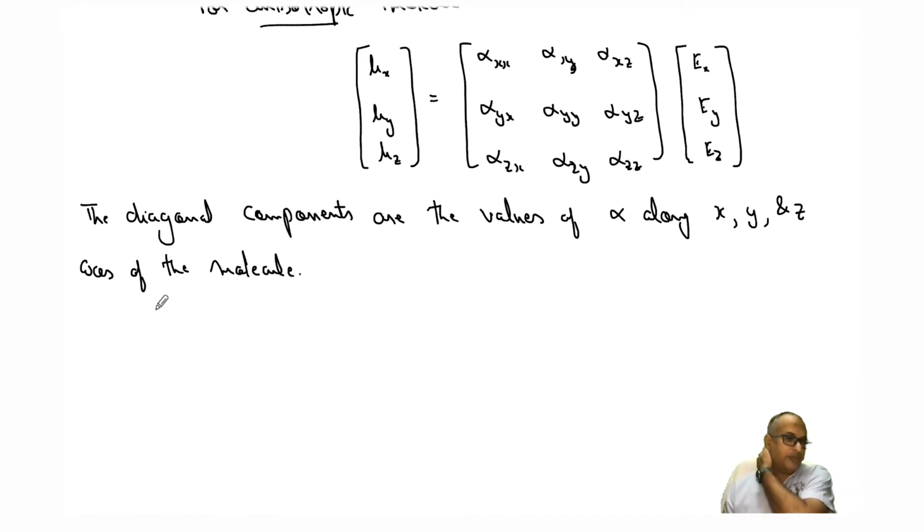You can see that a longer bond will be easier to polarize than a shorter bond. If a bond is stronger, then it will be difficult to polarize, and so on and so forth, right?